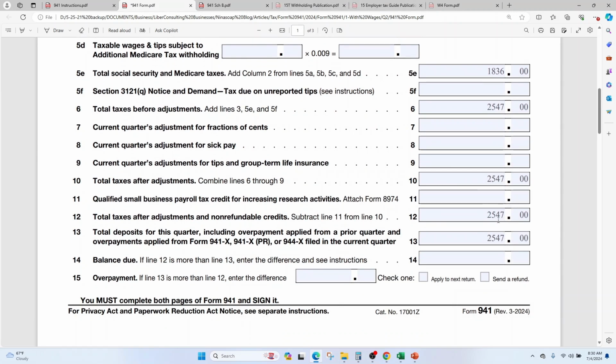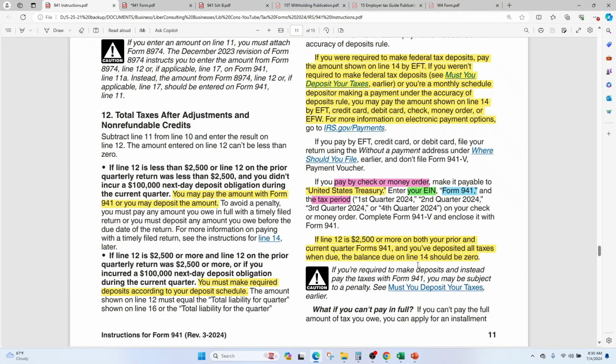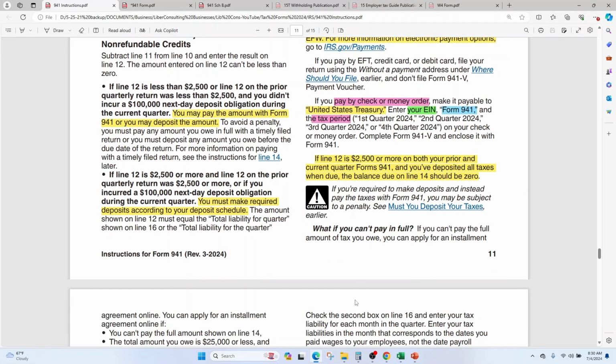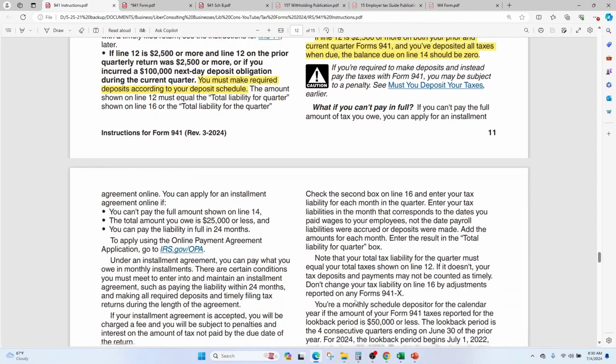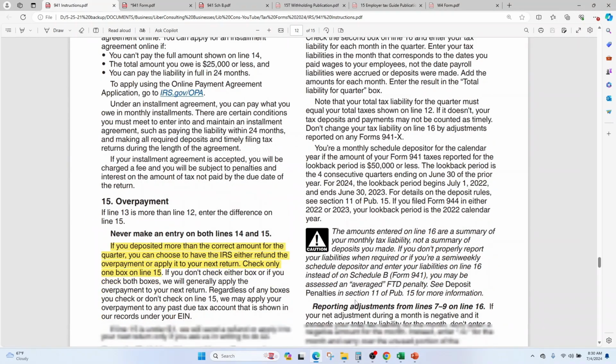Our line 12 is 2,547, and we made our deposit the same dollar amount. Therefore, our line 14 is 0. No balance due. If you are required to make deposits and instead pay the tax with Form 941, you may be subject to a penalty. So just make sure you meet those requirements.